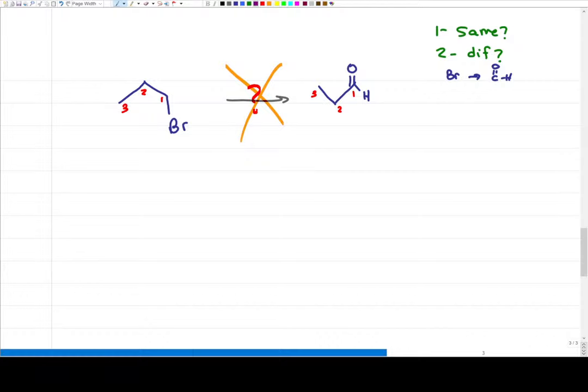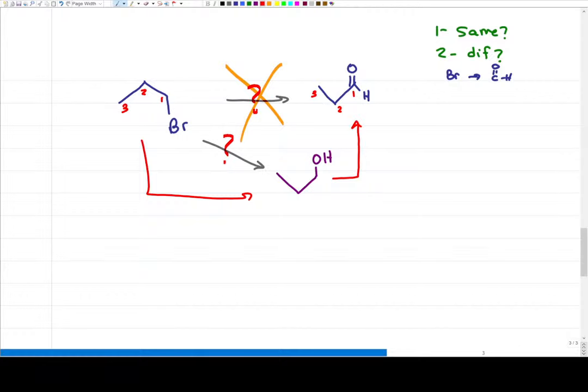And the answer is yes. I know that if I have an alcohol, I can oxidize it into an aldehyde. Now I have a new problem. My new question to ask is, can I turn a bromine into an alcohol? And that I do know how to do, with one step, in fact.